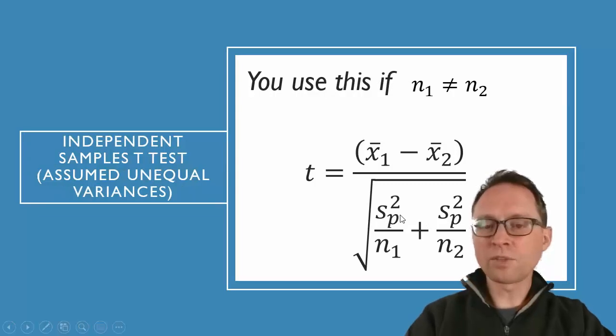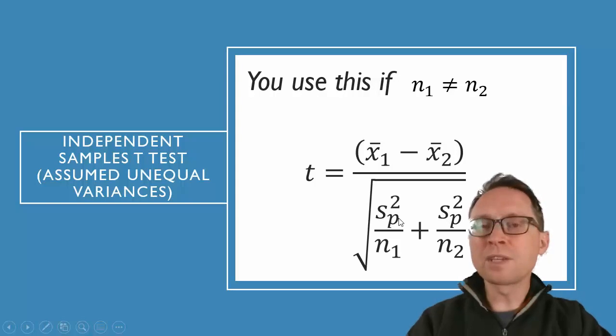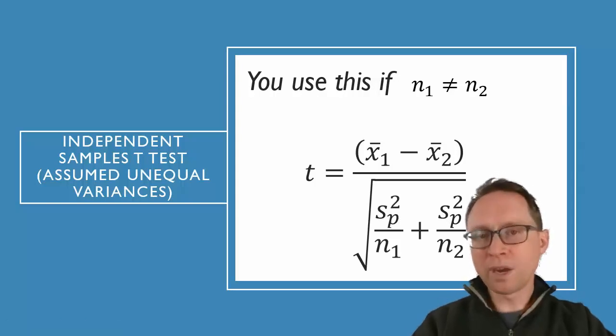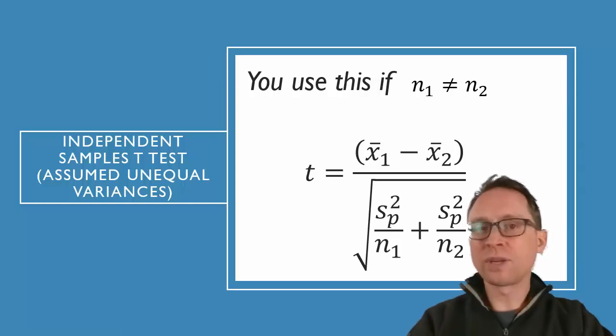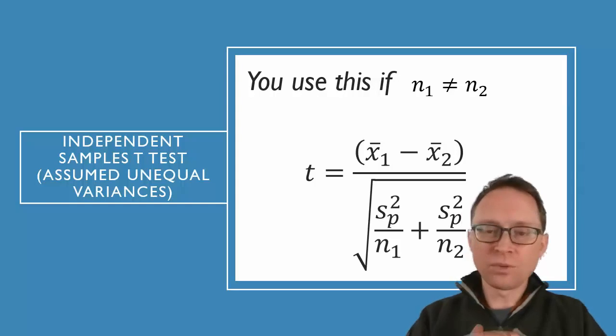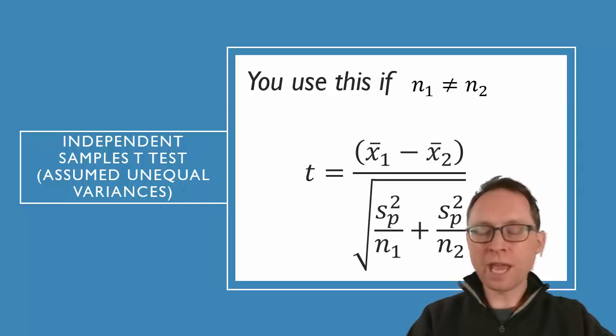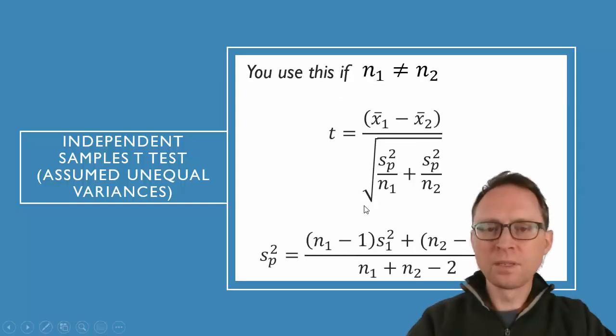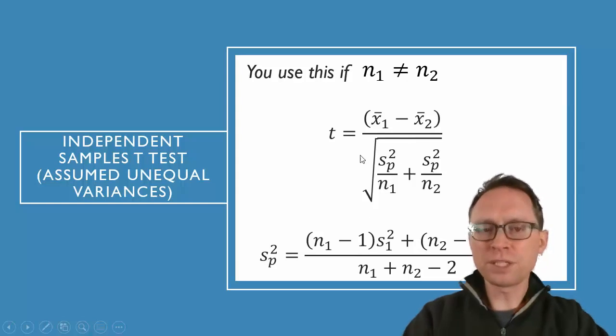When we change it, we change this to s sub p for both of them. S sub p is what we call the pooled variance. So what we do is we get an average variance instead of the actual variance divided by n. So that means we've got to go through an extra step. All right, so this is the new t statistic.